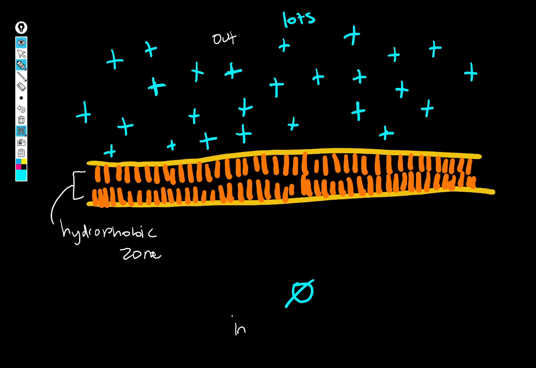That represents a lot of potential energy because the potential is for the pluses to diffuse. So if I'm not letting them, I'm saying, oh no, you have to be out here, you can't diffuse across. This represents stored energy, and specifically potential stored energy. So that's what I mean by energy conversion and what I mean by potential energy.